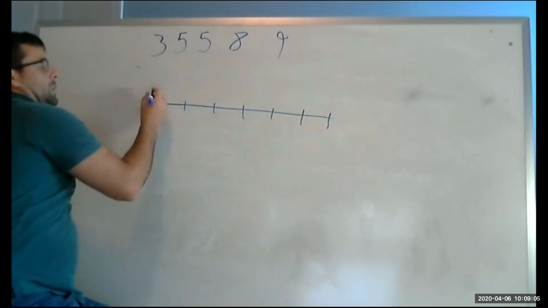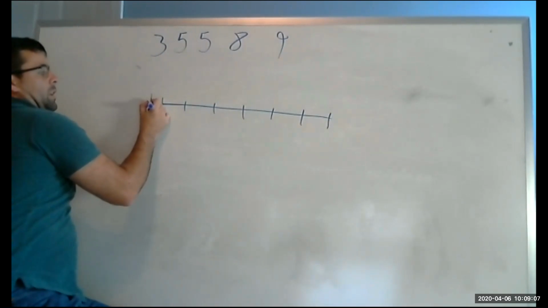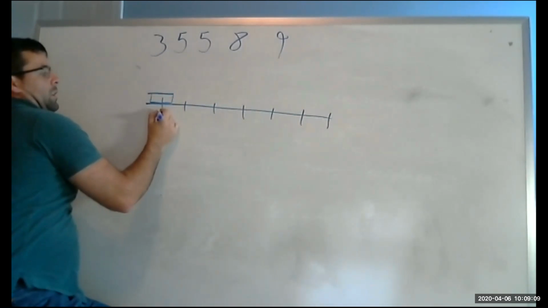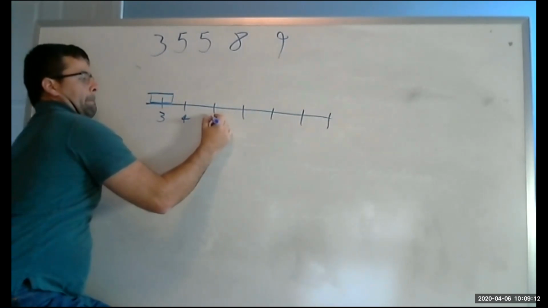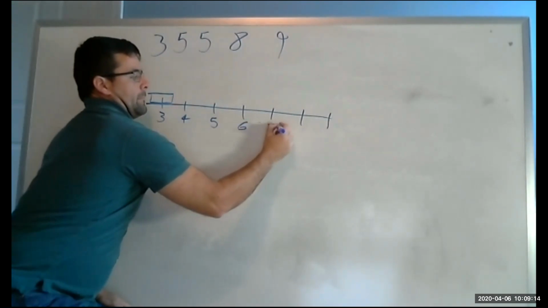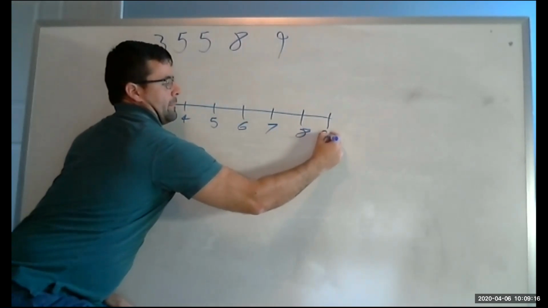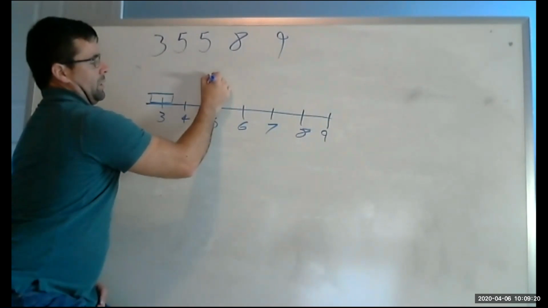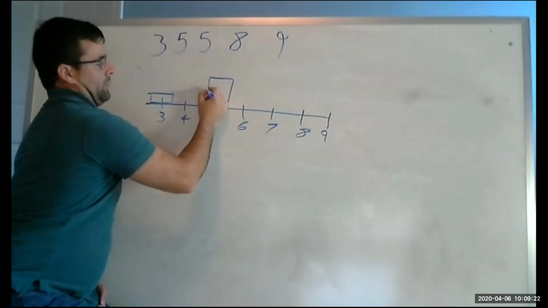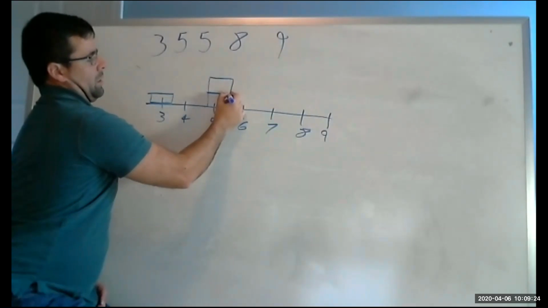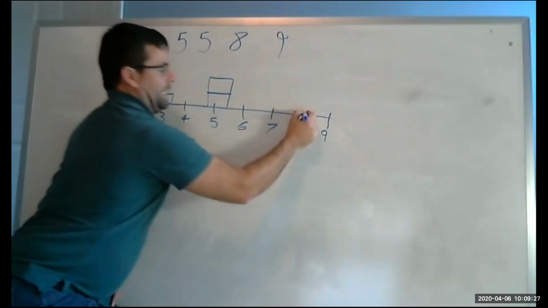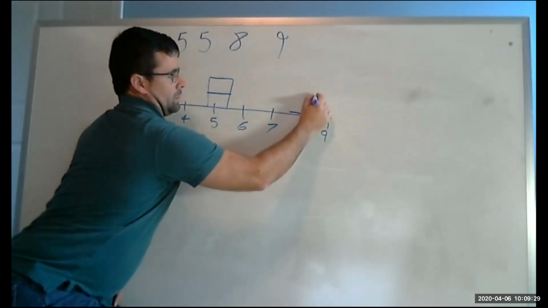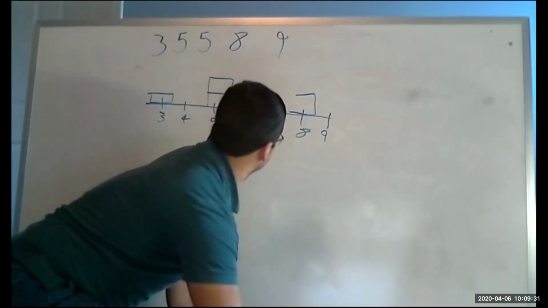So we have one block on 3, and we've got 2 blocks on 5, 1 block on 8.